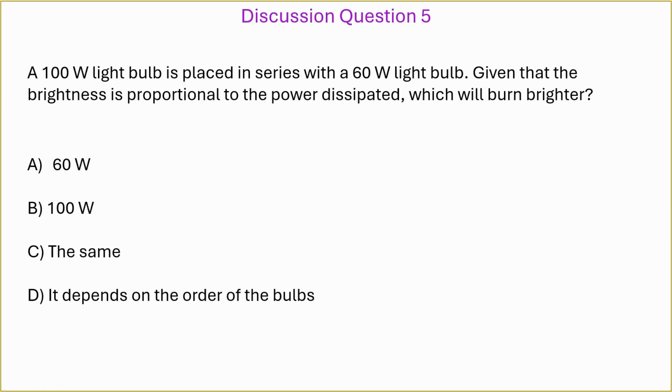Another discussion question we have: a 100-watt light bulb is placed in series with a 60-watt light bulb. Given that the brightness is proportional to the power dissipated, which will burn brighter? Is it A, B, C, or D? Again, you got 1 minute to make your choice.